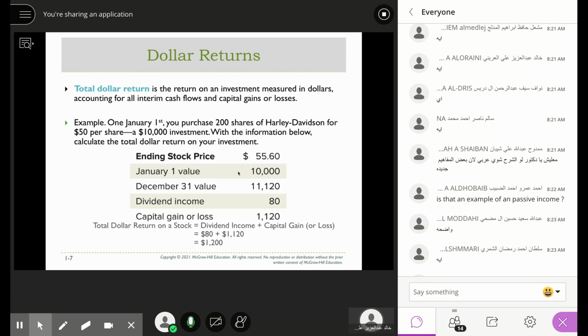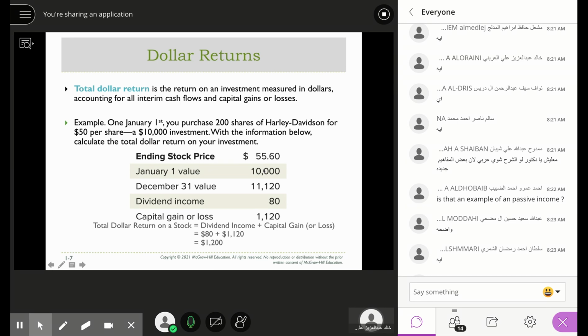The entire investment on January 1st has a value of 200 multiplied by 50, and on December 31st it went up to 11,120, which is 200 multiplied by the ending stock price.